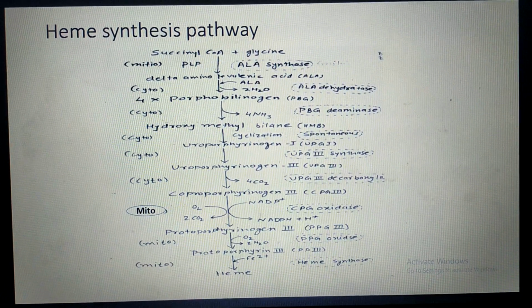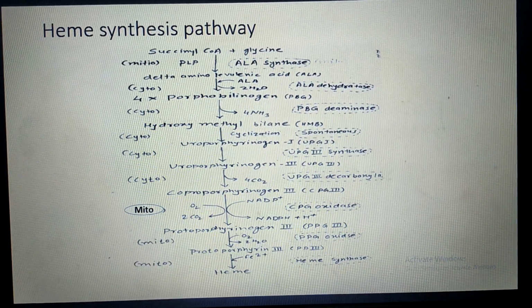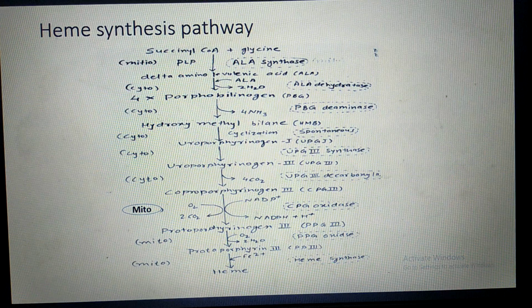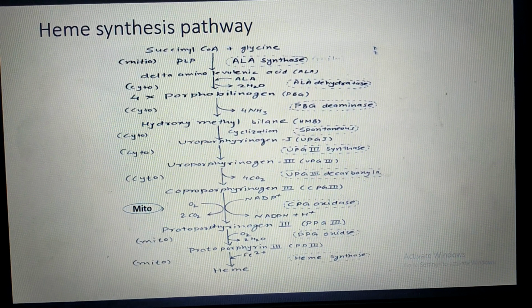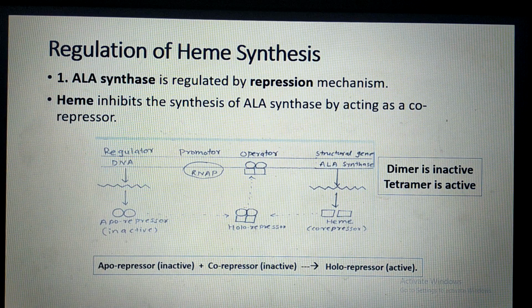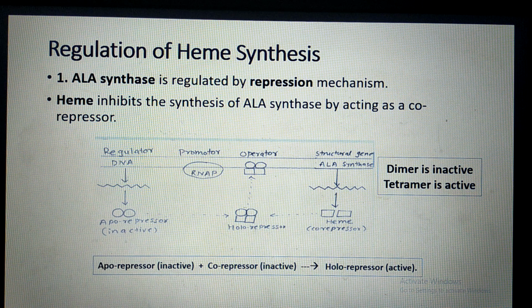This is the complete heme synthesis pathway shown here. Now we will see regulation of heme synthesis. As I have told you, ALA synthase is the rate limiting enzyme of this pathway. So this enzyme is regulated in different ways to regulate the heme synthesis pathway.